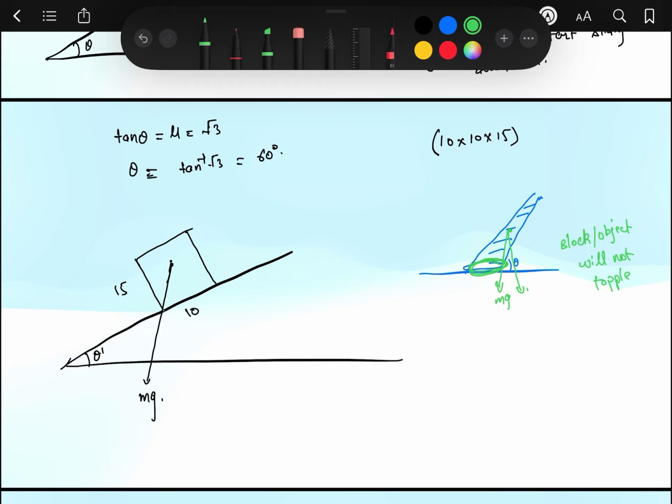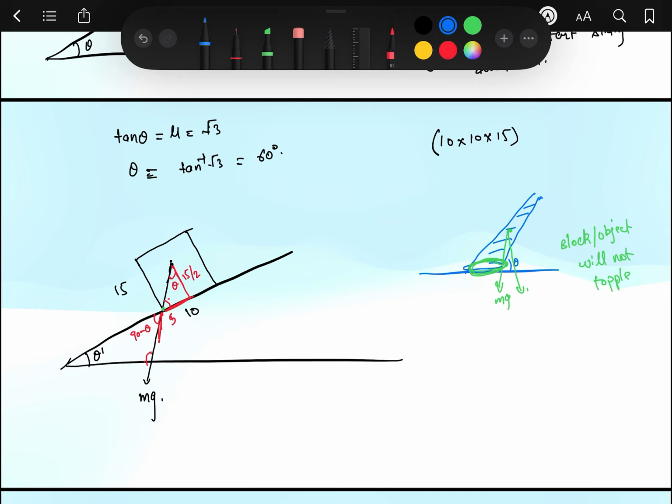So similarly I have taken the critical condition here. Let us suppose this side is 15 by 2 and this side is 10 by 2, that means 5 centimeter. And this is the perpendicular line, so this angle will be equal to 90 minus theta, and this angle will also be equal to 90 minus theta, then this angle will be equal to theta.